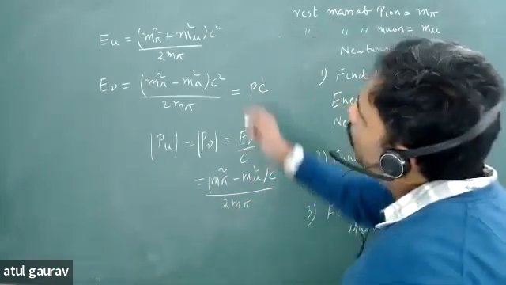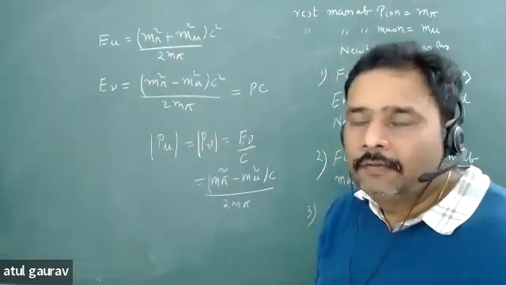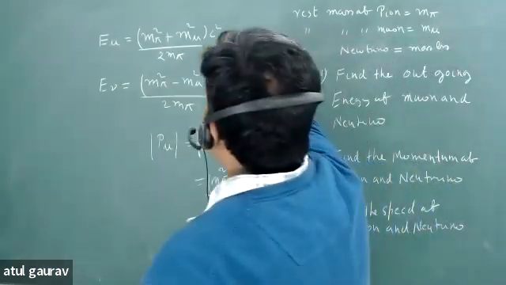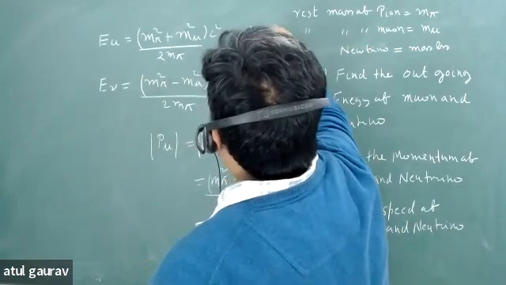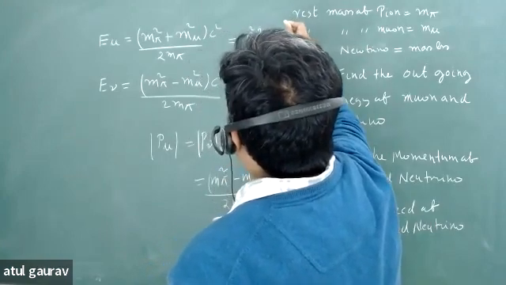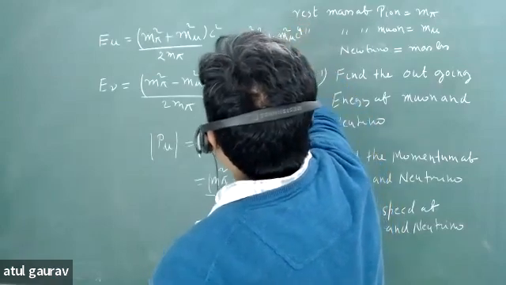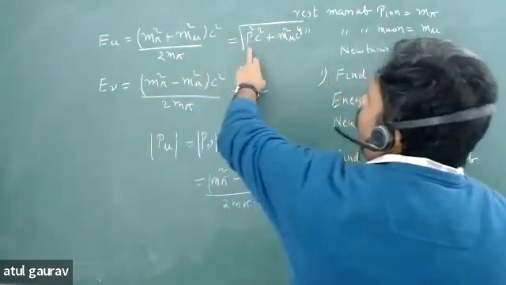Now, if someone wants to calculate the momentum from this formula, how will he calculate? E equals root under P square C square plus m mu square C4, isn't it? And from here, you can also calculate the momentum.